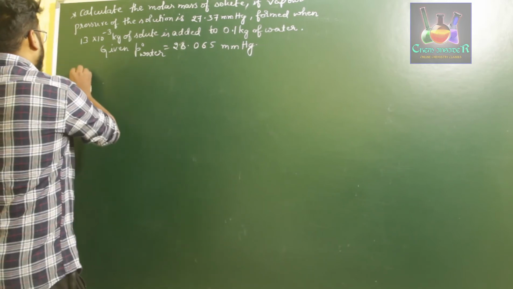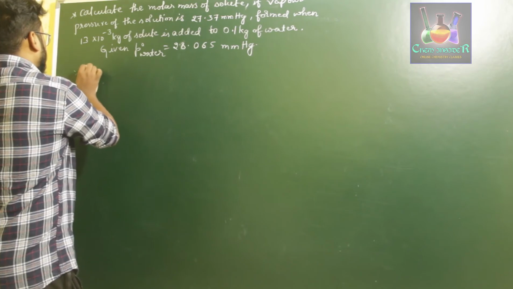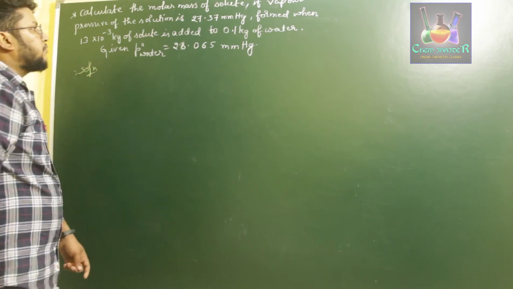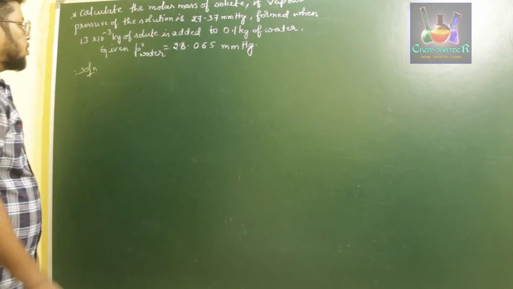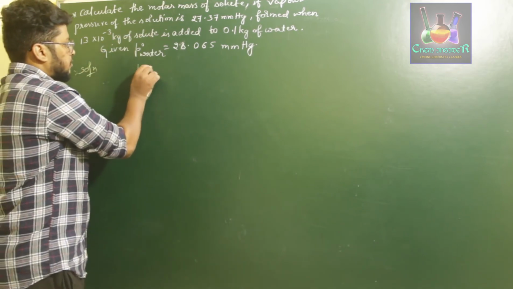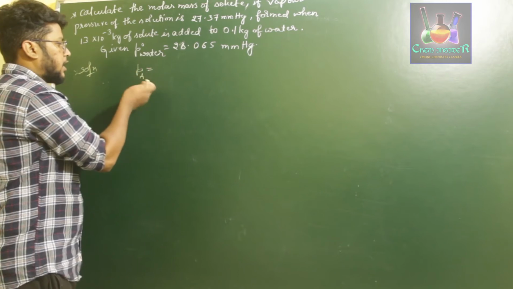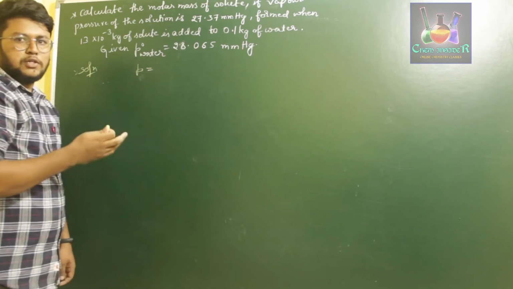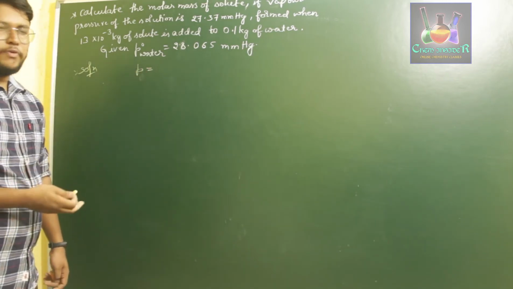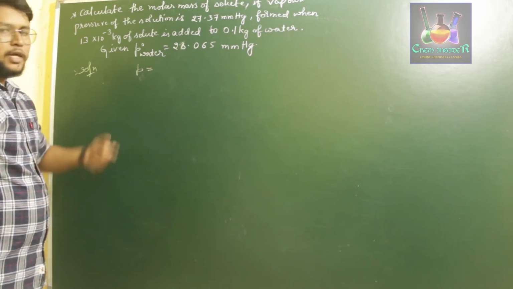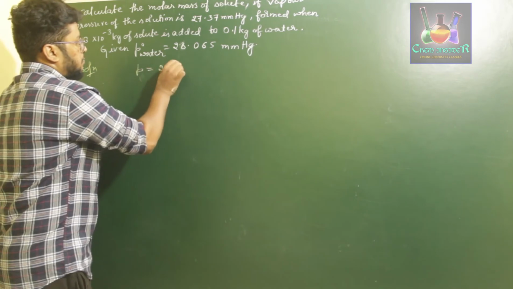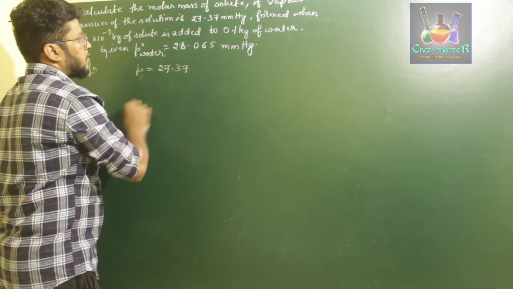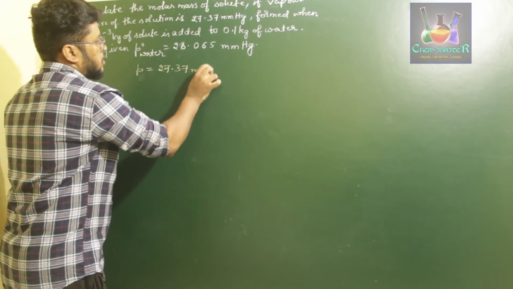First, they have given us the vapor pressure of the solution, that is PA. So vapor pressure PA, or we can directly write it as P, because the solute is not going to give any vapor pressure. So P is equal to 27.37 mmHg.